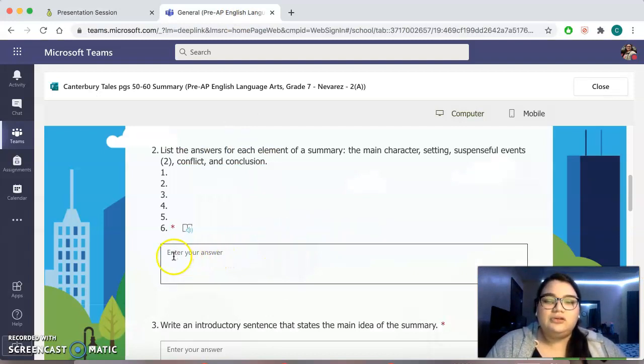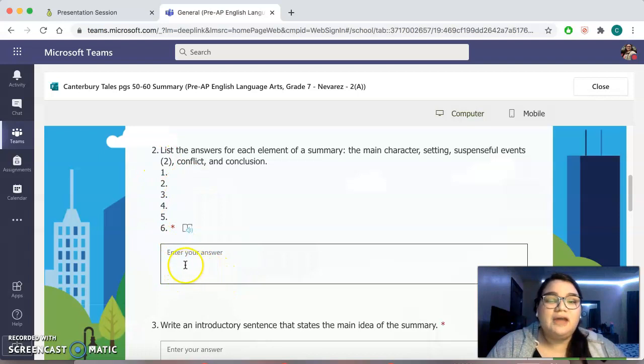You're also going to tell me the setting, where it is taking place. You're going to tell me any suspenseful events that happen, any conflict that arises, and what the conclusion is. If you're able to read and comprehend the story, you are going to be able to write this down.